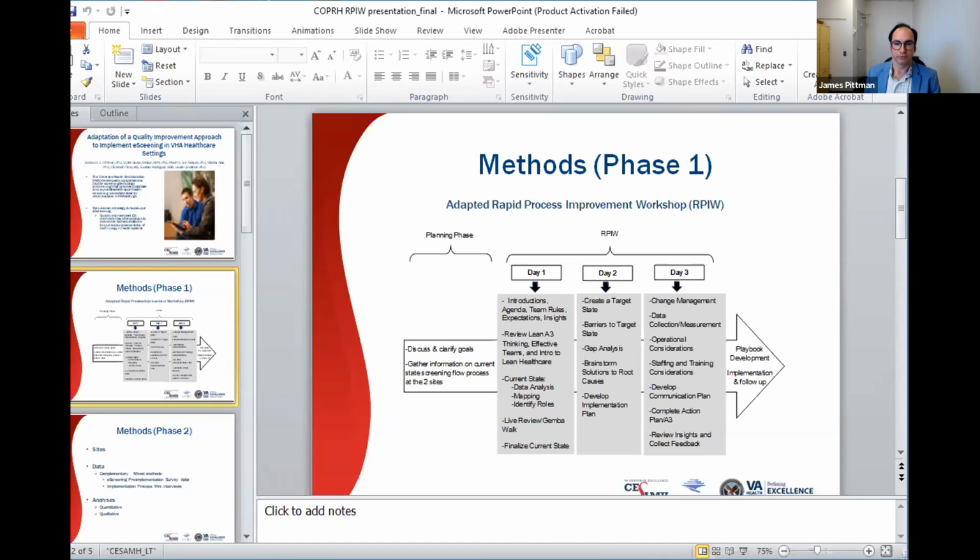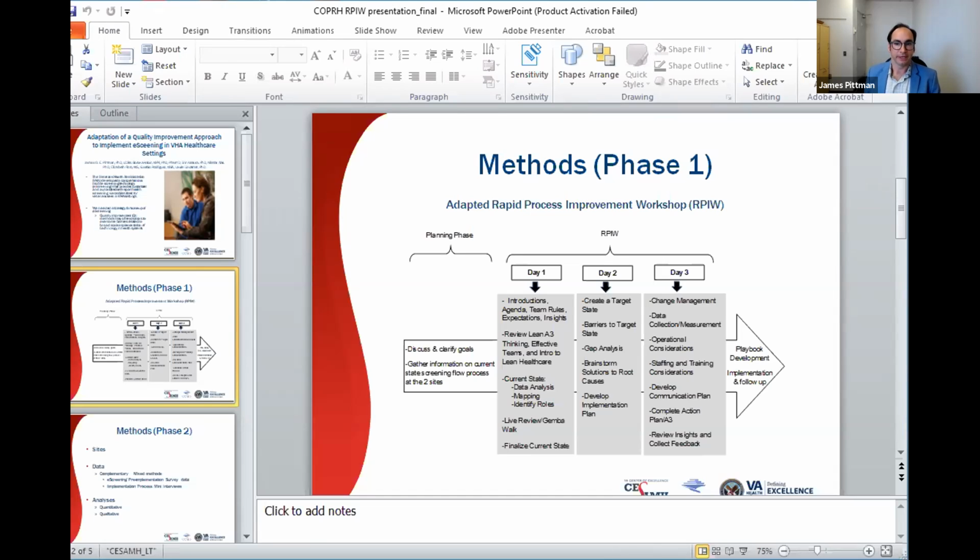So we documented each of our modifications, and then we chartered a multidisciplinary group from across the country with multiple VHA representatives, as well as multiple workflows in different clinical settings, so that we could model a process of developing a playbook that would essentially be the blueprint for how clinical teams could integrate e-screening into their workflow.